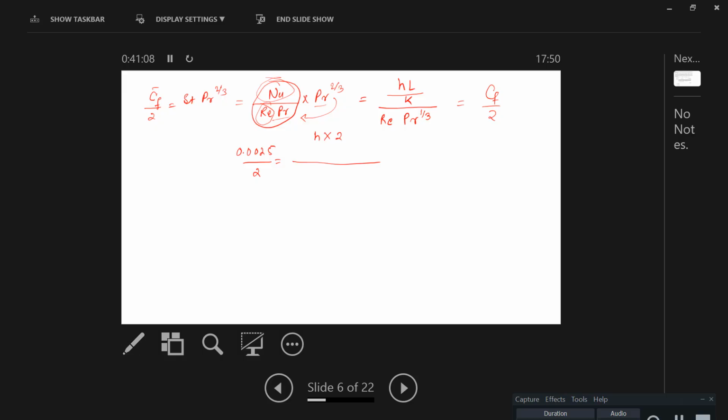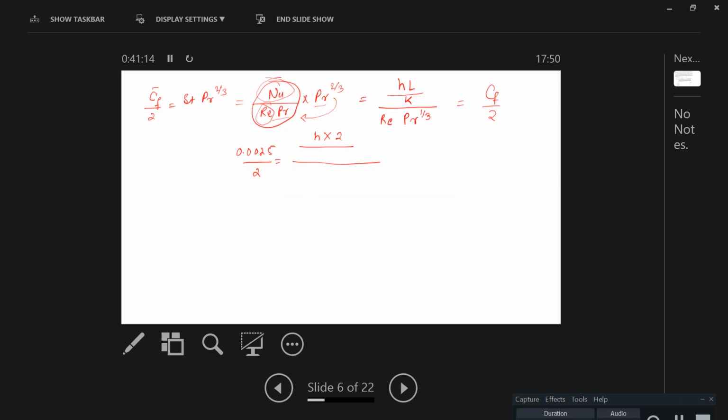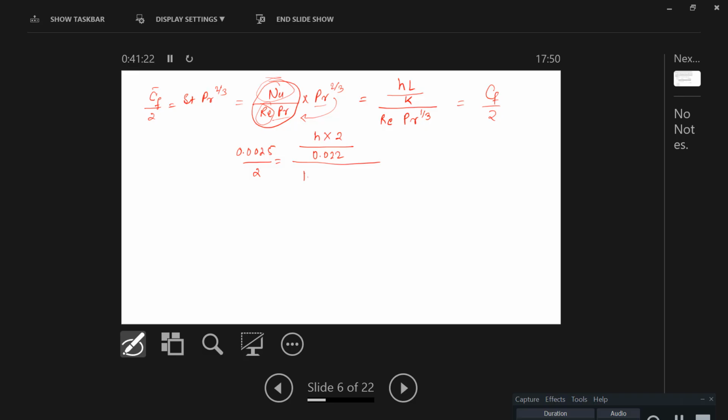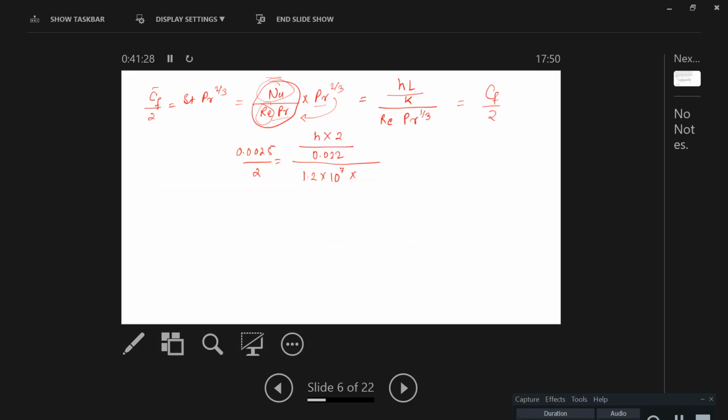L is the characteristic length, so it is given as 2. Then K is 0.022 watt per meter Kelvin. Re is given as 1.2 into 10 to the power 7. And Pr is given as 0.72 to the power 1 by 3. So from this, you can just calculate what is h.